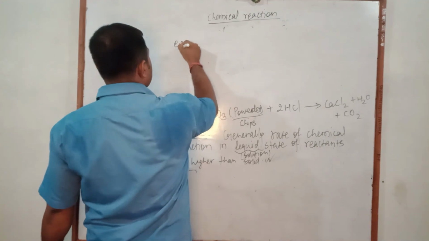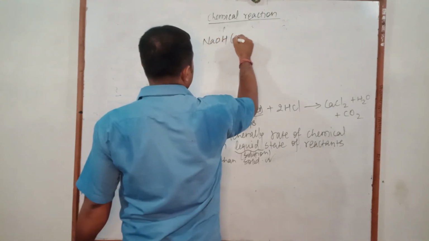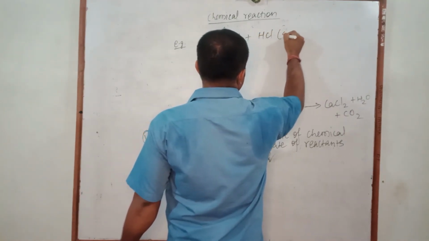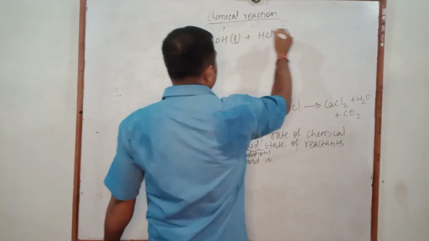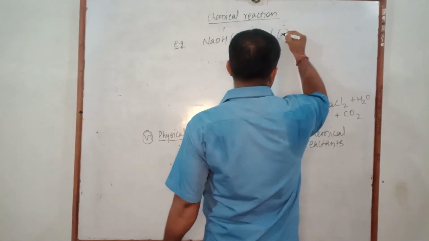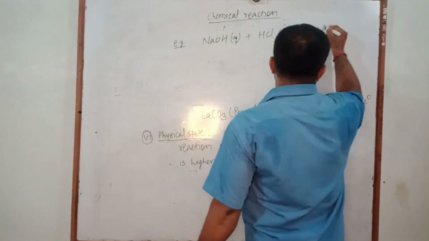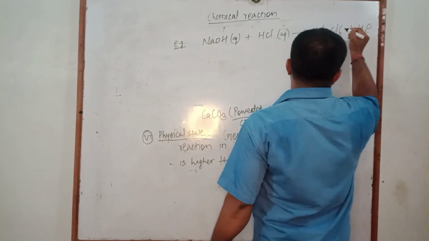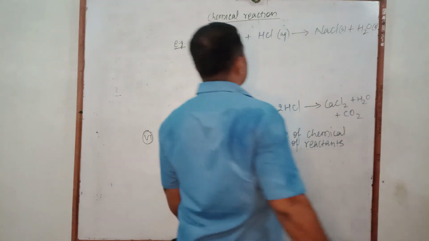As for example, listen, sodium hydroxide in solution state reacts with hydrochloric acid in solution, by dissolving in liquid, or in aqueous solution also we can write. Then it gives sodium chloride and water is formed. Here salt is solid and here liquid is formed.